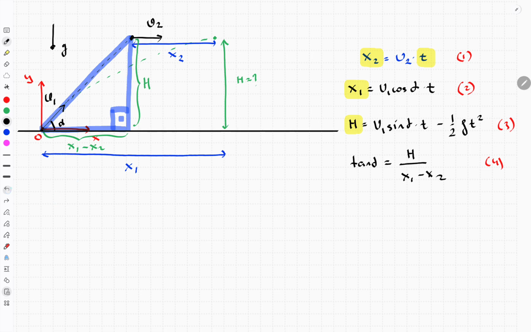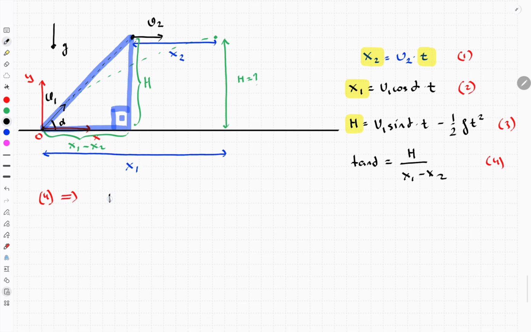So from equation number 4, h equal to tangent alpha times x1 minus x2. So let me bring h, x1, x2 and substitute into this equation. This is h equal to tangent alpha times x1 minus x2.